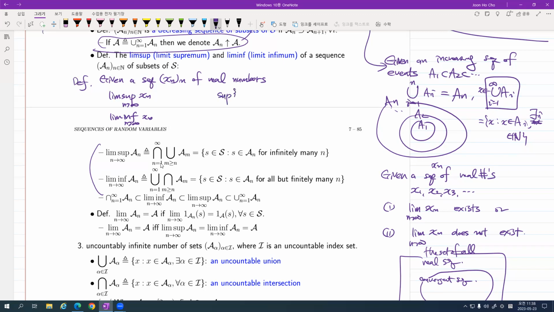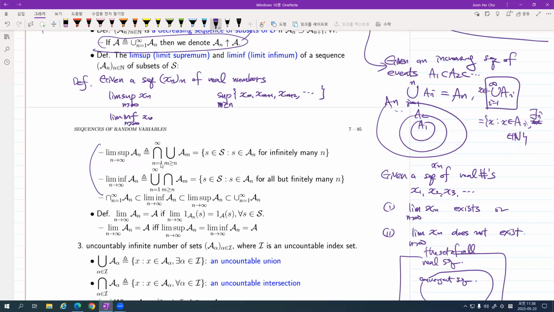What about the supremum of x_m for m greater than or equal to n, that is x_n, x_{n+1}, x_{n+2}, and so on? So it's not the definition yet. Let's consider a truncated sequence.